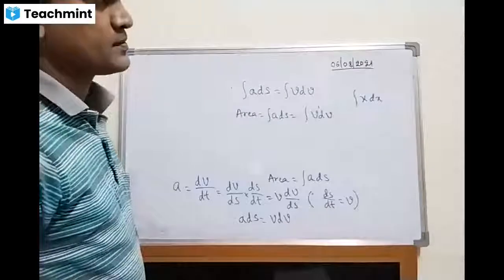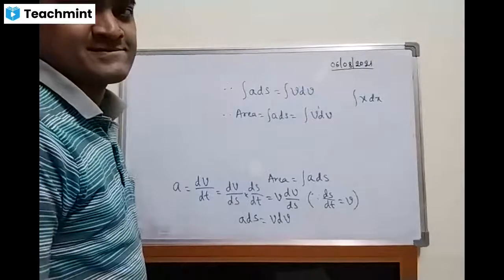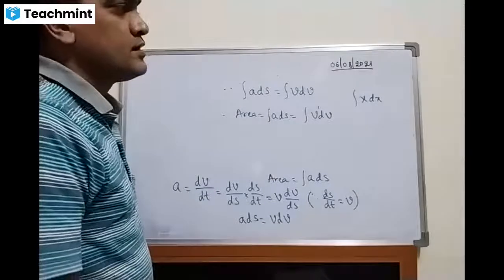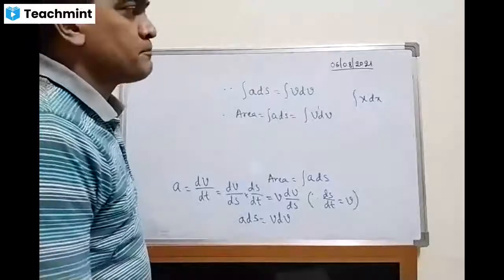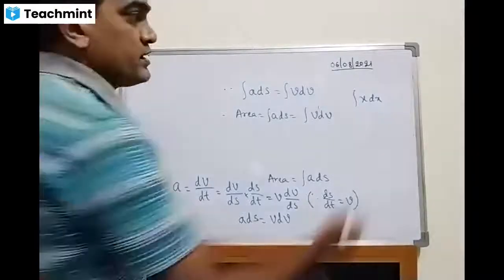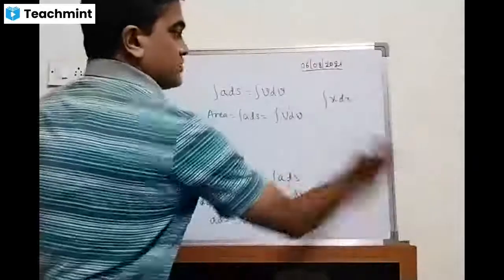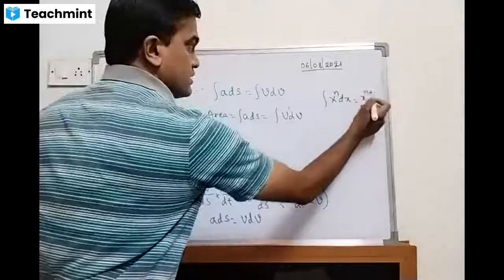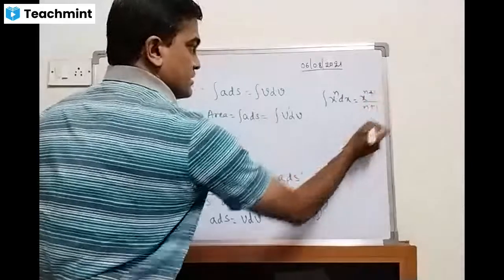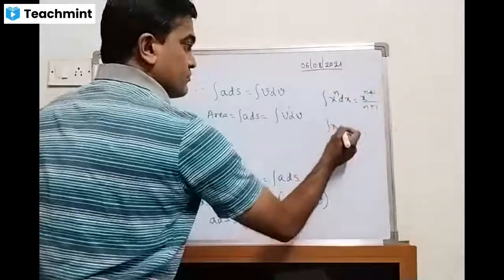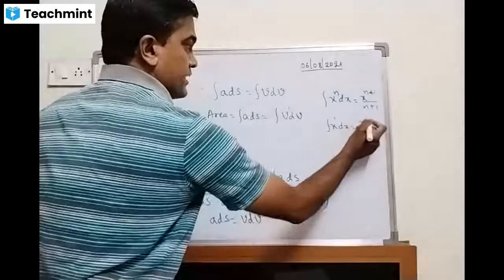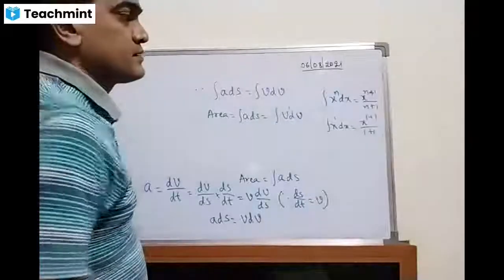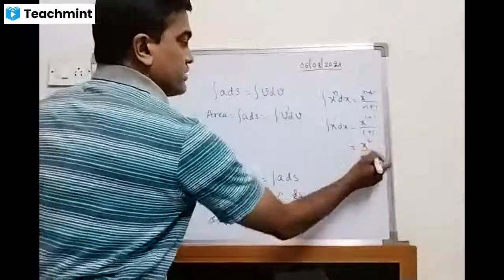X square by 2. Let's remember the general formula: the integral of x to the power n dx is x to the power n plus 1 by n plus 1. The integral of x to the power 1 dx is x to the power 1 plus 1 by 1 plus 1. What will I get? X square by 2.